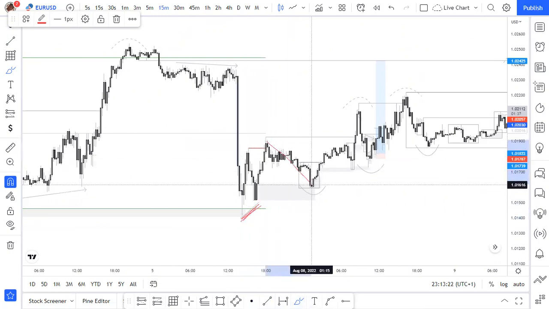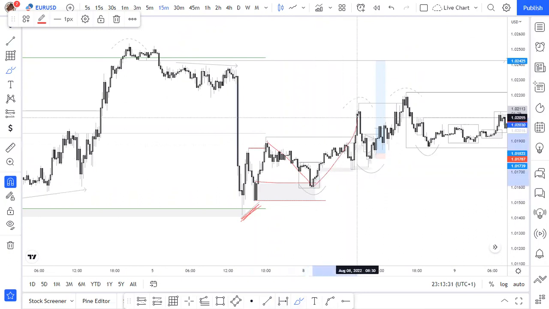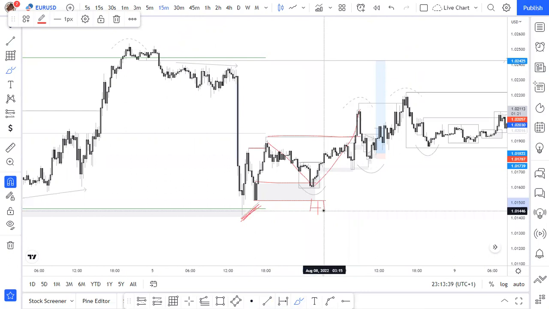Price then pulled back into this zone here and respected the demand zone here, and price has now pushed up again, breaking the structure. So now it's looking as if price is making higher lows and higher highs.